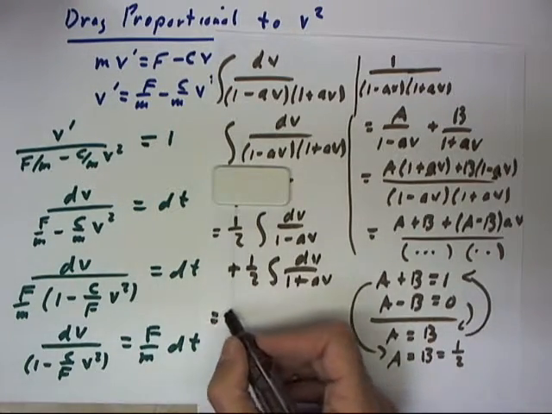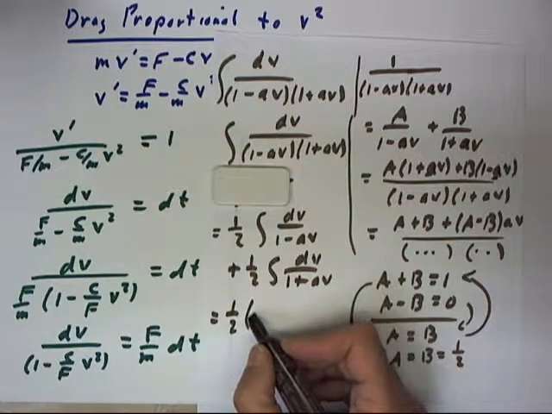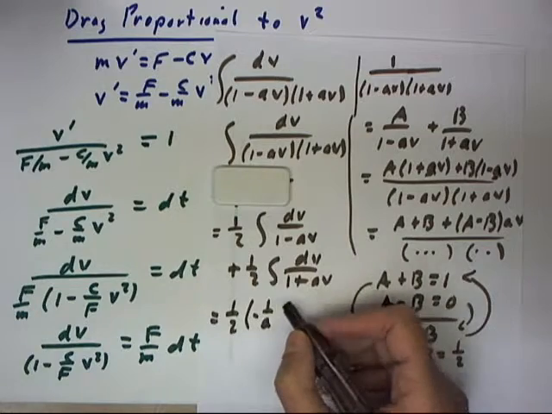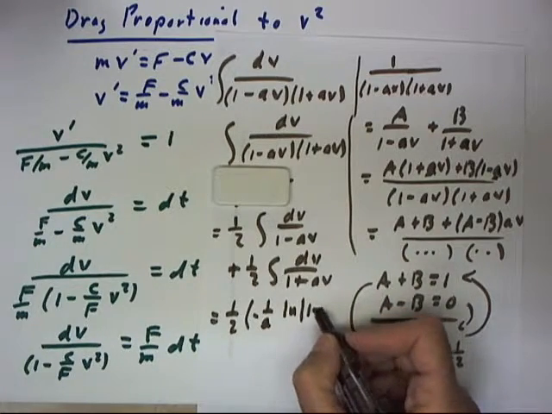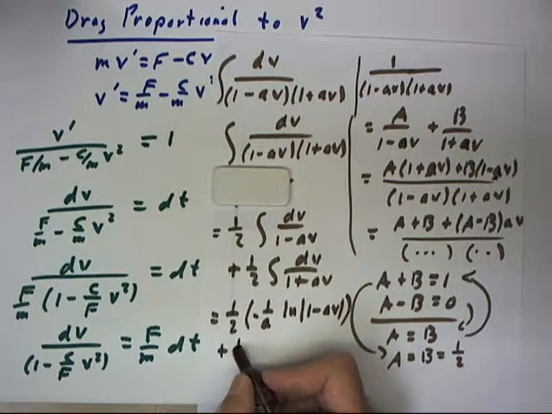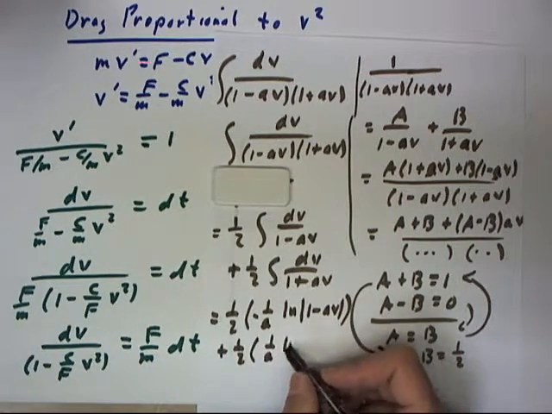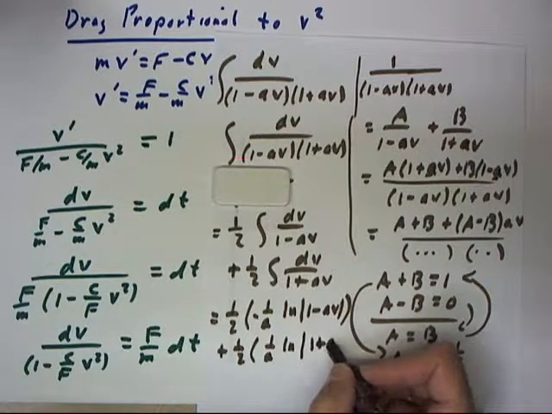That equals 1/2 times negative 1 over a, natural log of the absolute value of 1 minus av, plus 1/2 times 1 over a times the natural log of 1 plus av.